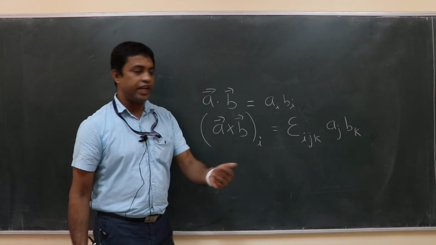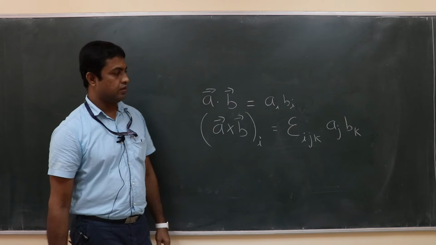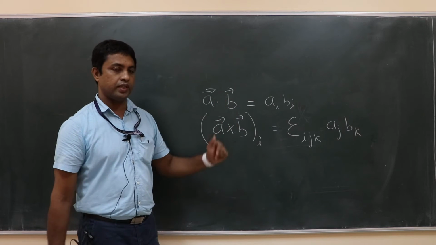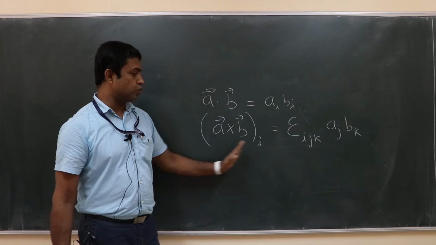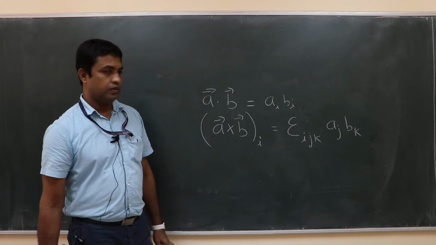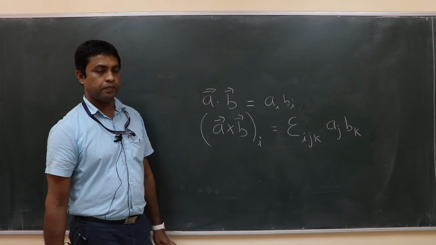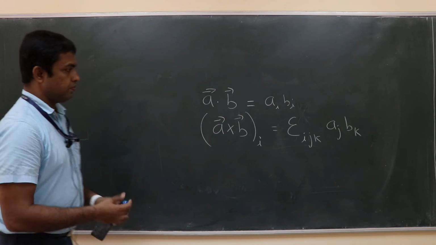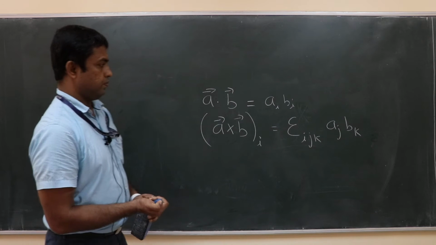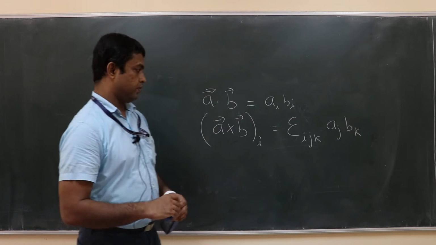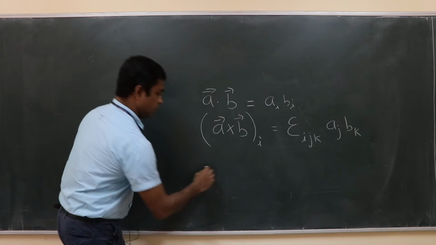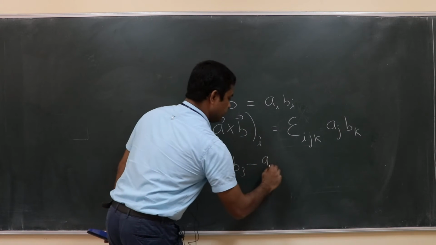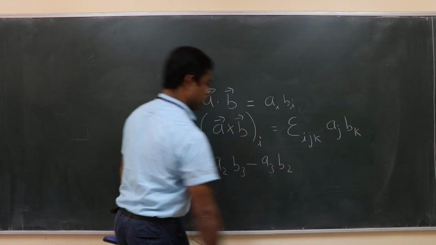Can you just take 2 minutes to verify whether this is correct? Because you at least know A cross B, the x component. What is A cross B's x component? A2B3 minus A3B2.